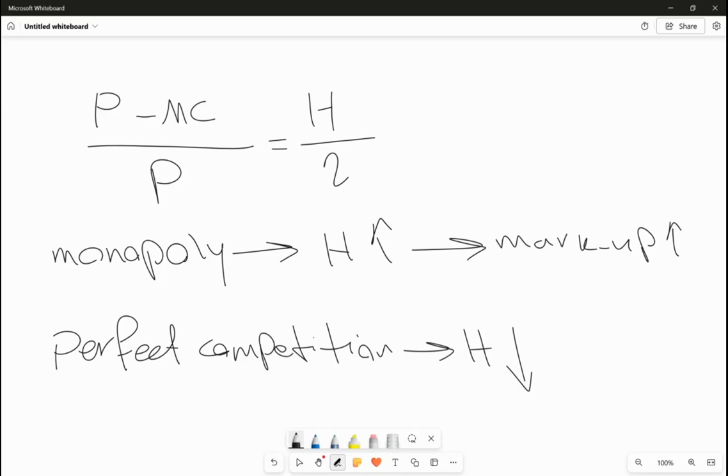So the markup is going to be very low for perfect competition. If we have perfect competition, the concentration ratio is going to be low, and that would cause zero economic profit and a very low, or zero, markup for the firm.